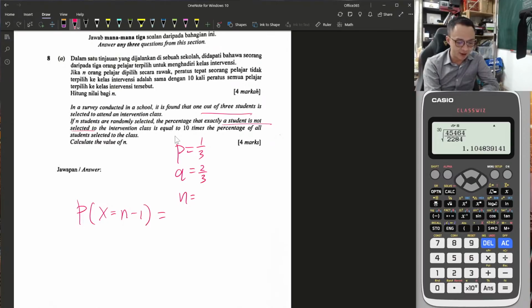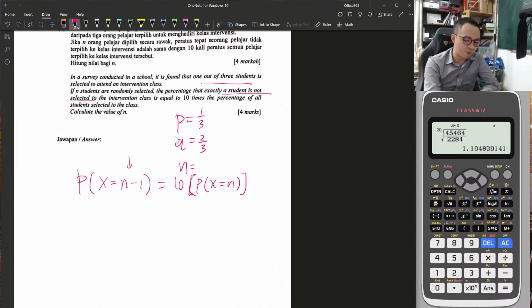Then it's 10 times the percentage of all students selected to the class, so it should be x equals n. This is having one not selected, and over here is all selected.